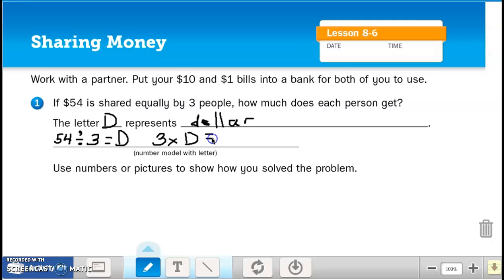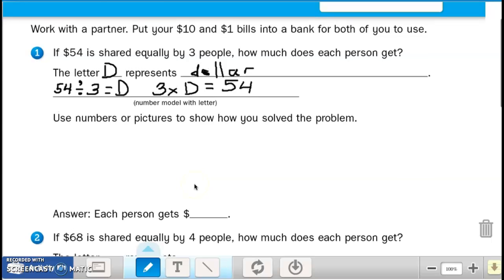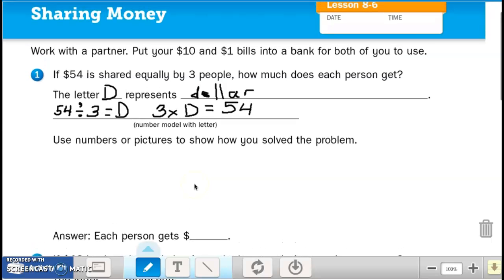Now there's our number models, and now we're going to try to figure it out. How much does each person get?